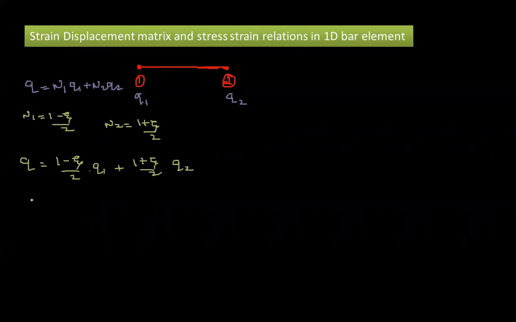So now let us define what the strain would be. The strain, epsilon, can be defined as the change in displacement divided by the original displacement. Here dou u by dou x gives the strain for the given one-dimensional bar element.